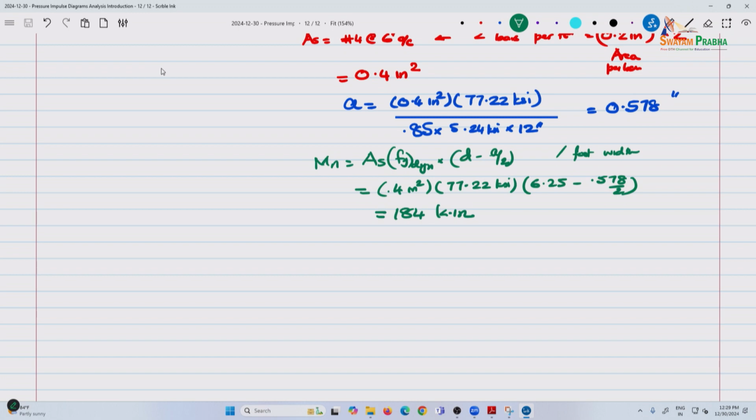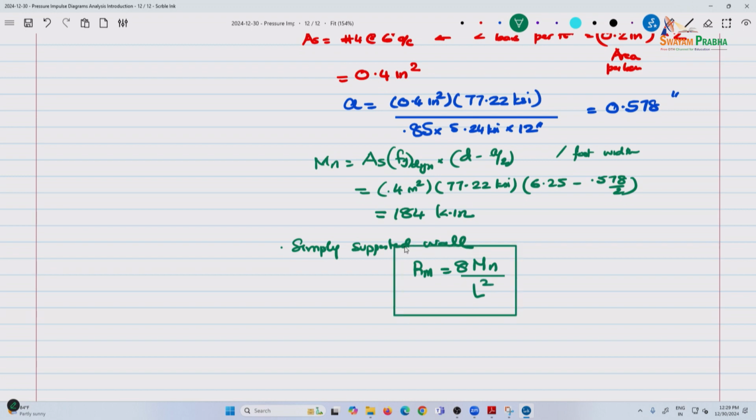Anyway, you can calculate your moments by the procedures that are adopted here. So, it is a simply supported wall. Therefore, Rm is equal to 8 Mn divided by L, notice the phi is 1.